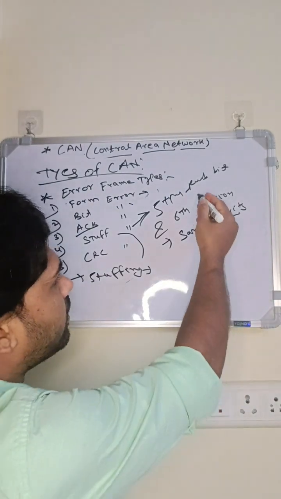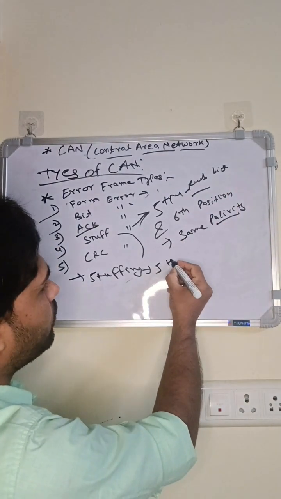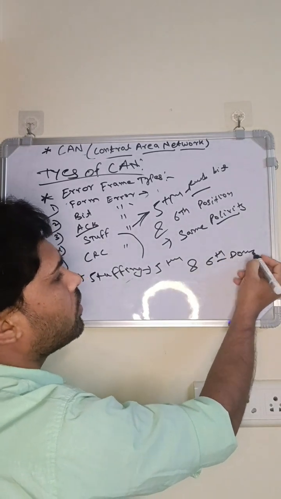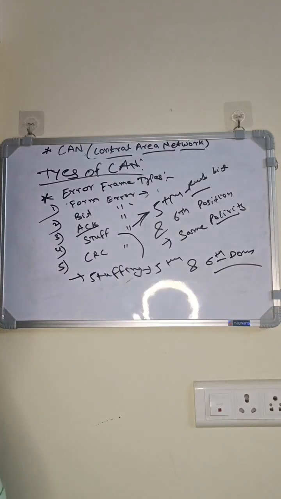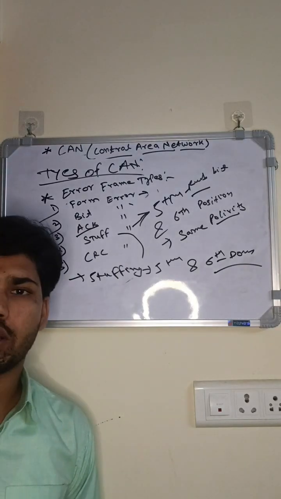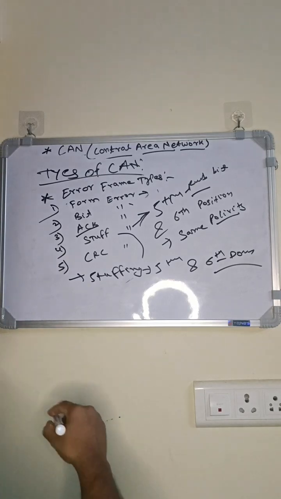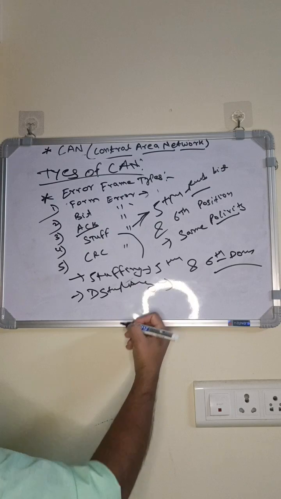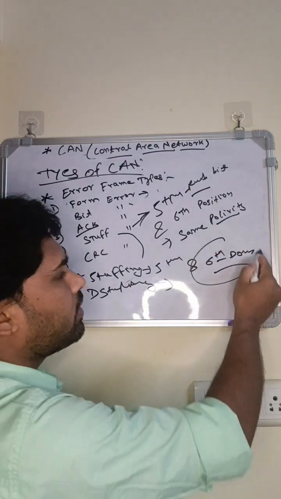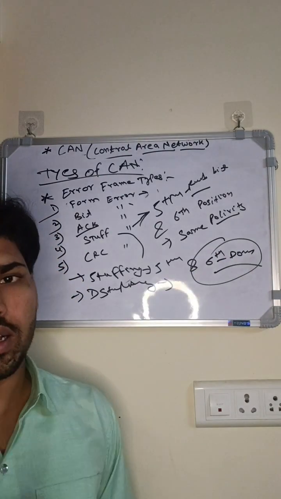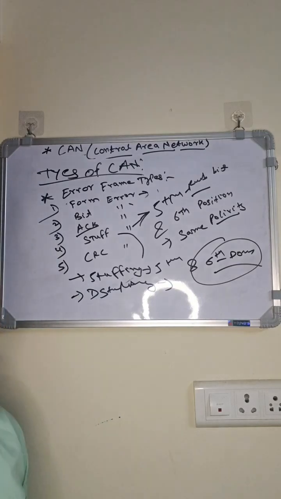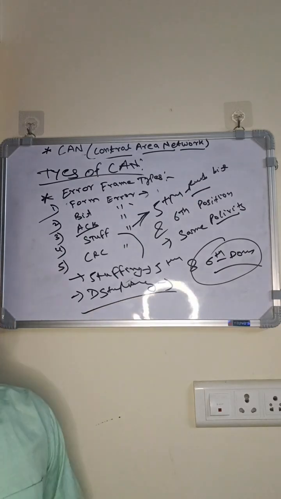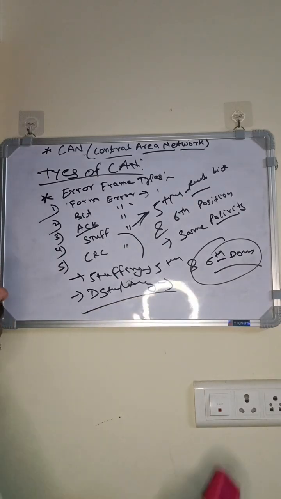Suppose I am sending recessive on the 5 bits and the sixth one is dominant, that is stuffing. So how do we do de-stuffing? Here the question will come, right? In de-stuffing, we remove the added sixth opposite polarity bit on the RX side. If we remove it, that is known as de-stuffing. I hope you understand.